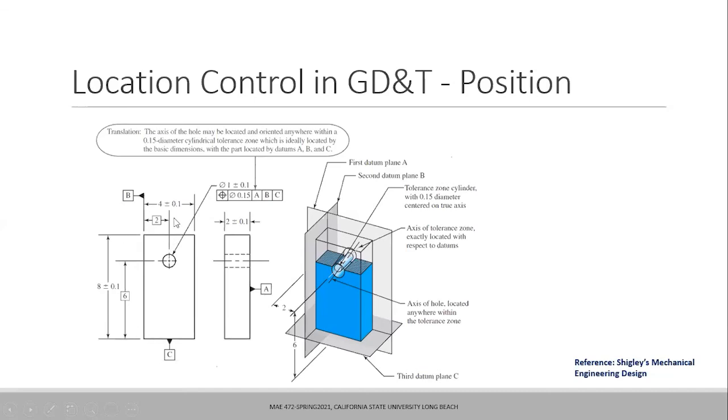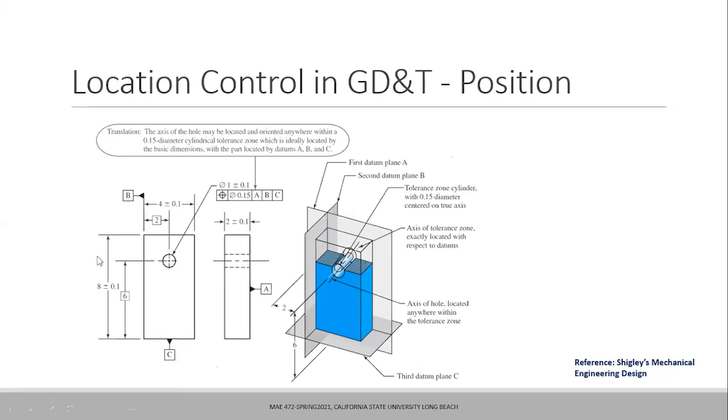And I have to locate the hole from the base or from this side. So how to locate that? First we have to define the true center of this hole. The true center of this hole is defined by the basic dimension, 6 units from the bottom, 2 units from the left side. So those are the dimensions representing the theoretical position of the center of the hole.